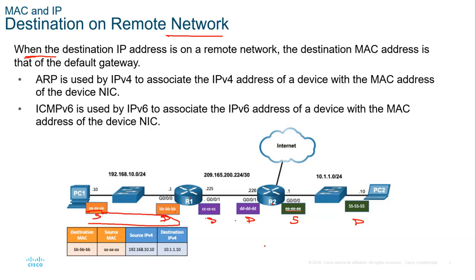So by the time PC2 receives this frame, the source MAC address will be E, the destination will be 5555, which is this, and then the source MAC address is going to be.